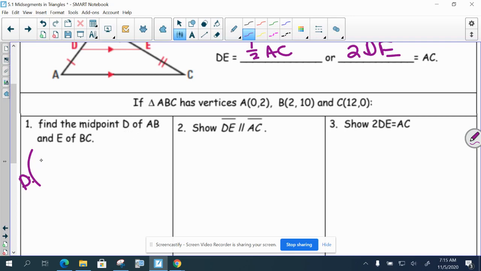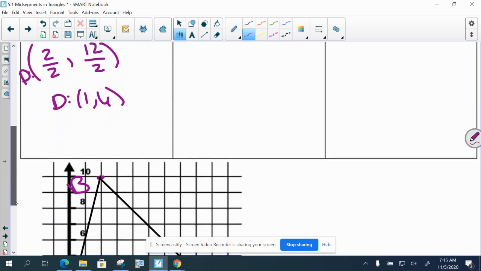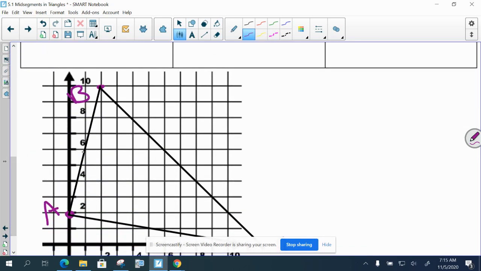Add the x's, 0 plus 2 is 2, and then 2 plus 10 is 12 over 2. So the point D will be at (1, 6). If you drew a good line, it should match up with the line you drew. So that would be your midpoint D.